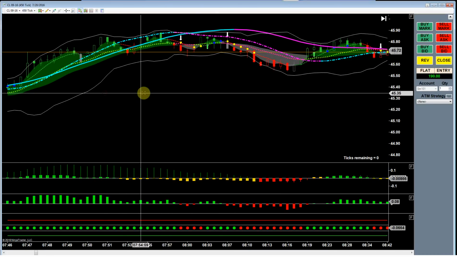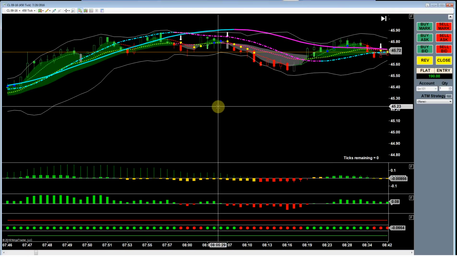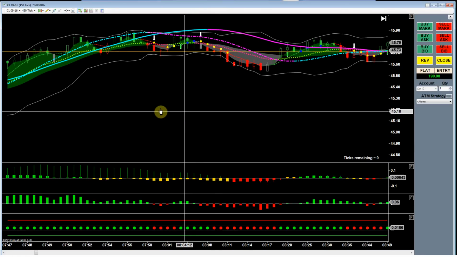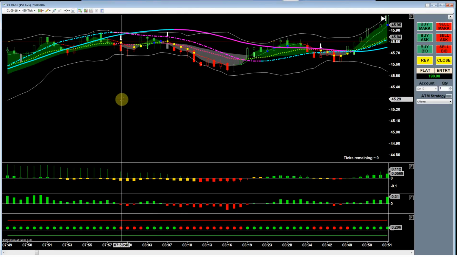Now again, that's the whole real basis of the system: to give you precise, crystal clear entries on long and short trades following our simple method and rules. This is Boomerang.